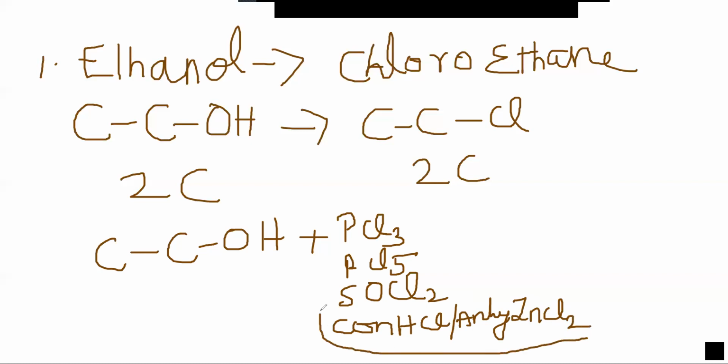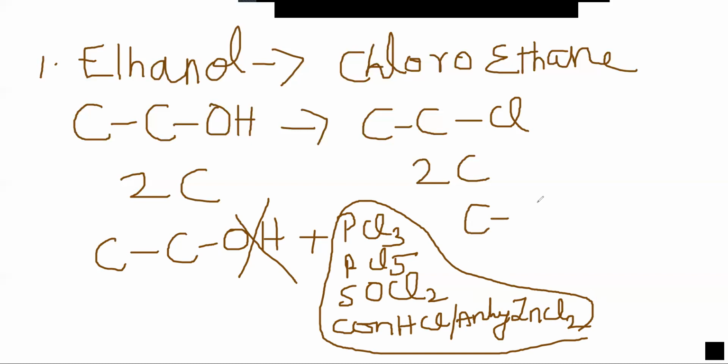The purpose of using any one of these reagents is that if you use PCl3, PCl3 will supply chlorine. PCl5 supplies chlorine. SOCl2 supplies chlorine. So what will happen is the OH bond will be replaced by Cl. So you will be getting C-C and one chlorine connection. So it is a one-step conversion, very, very easy.